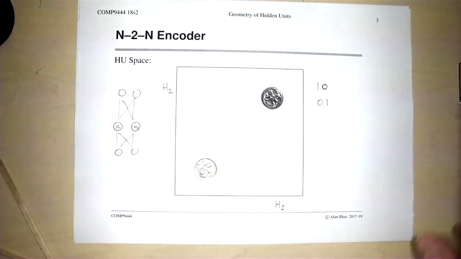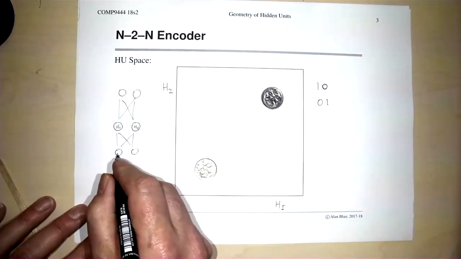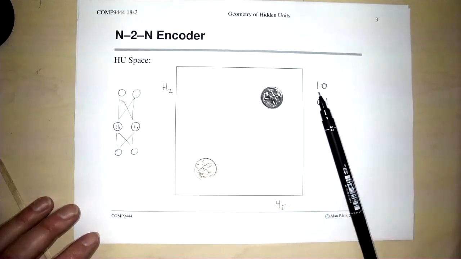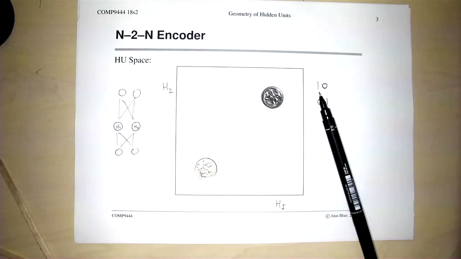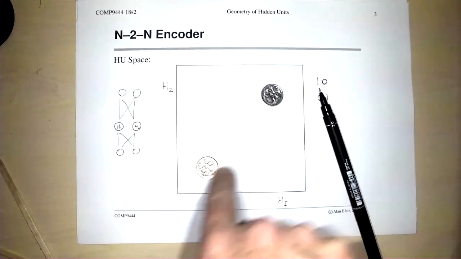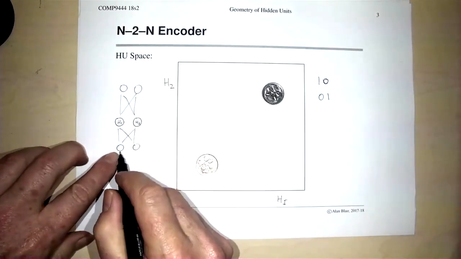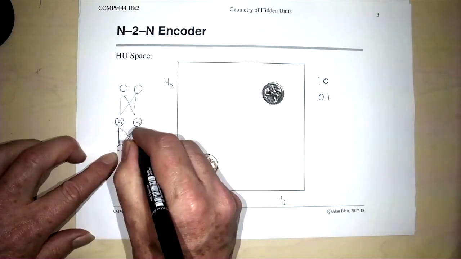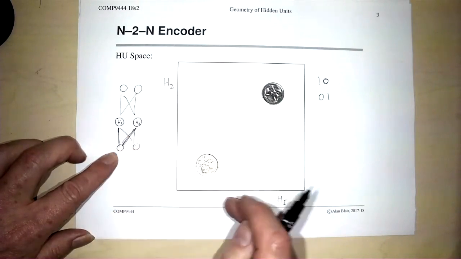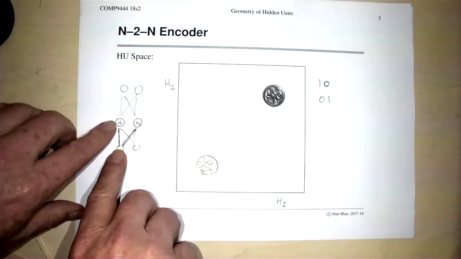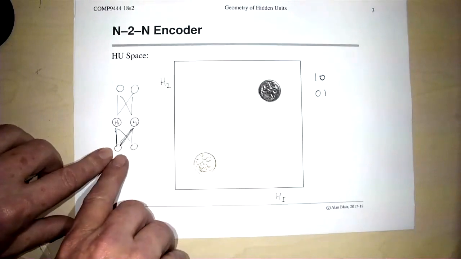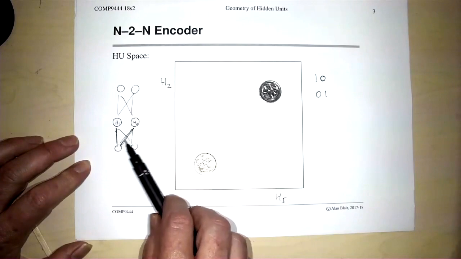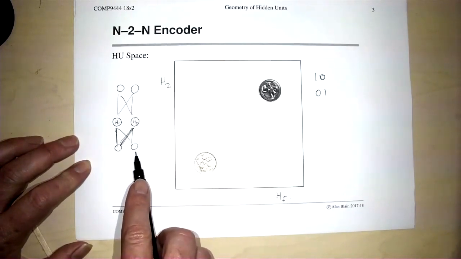This is the way we think about this. The first training item is 1, 0. So when we present it, this input is 1 and that input is 0. The activation of this hidden unit is going to be based on this weight and that weight. These two other weights are not going to play any role at all, because this input is 0.